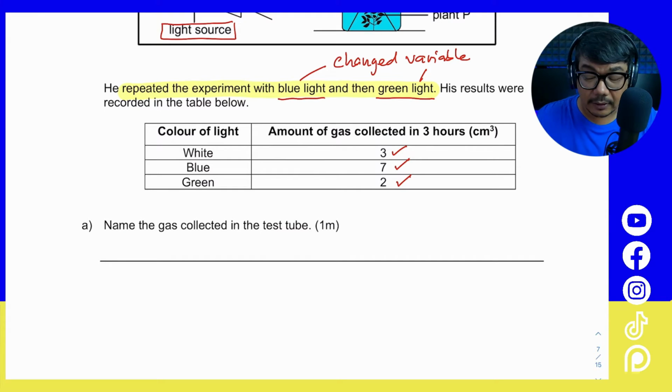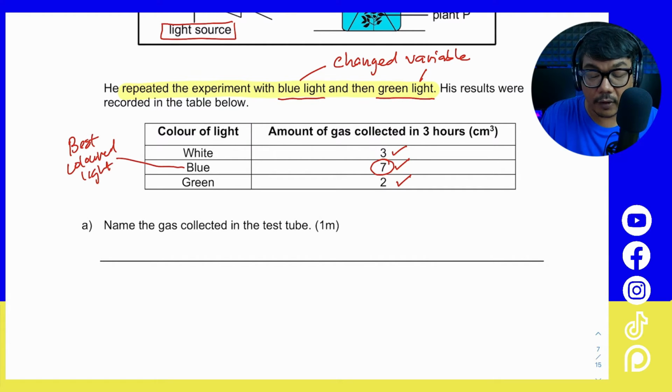From this result, I know that 7 is the highest, so blue light is the best colored light for photosynthesis, whereas green would be the worst colored light for photosynthesis.